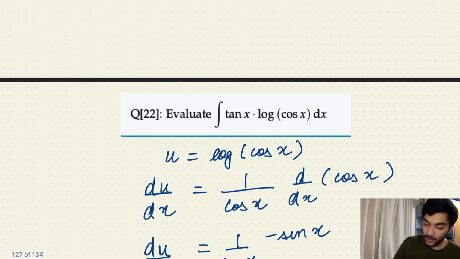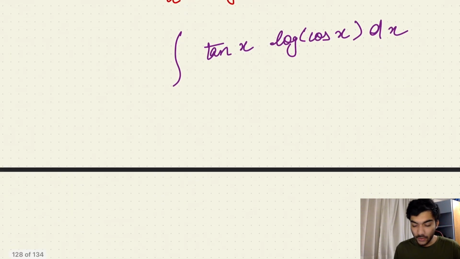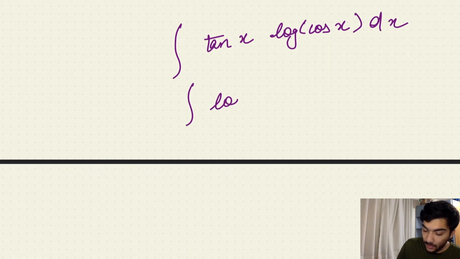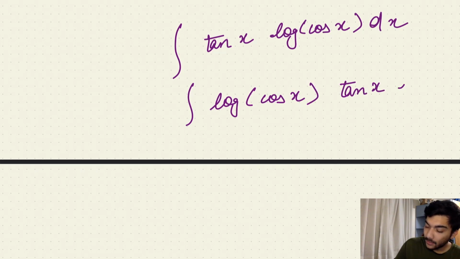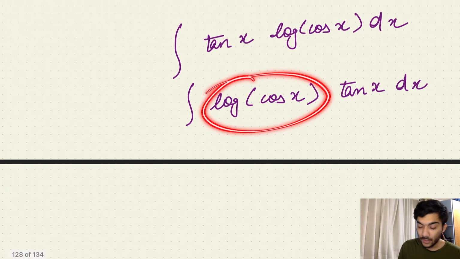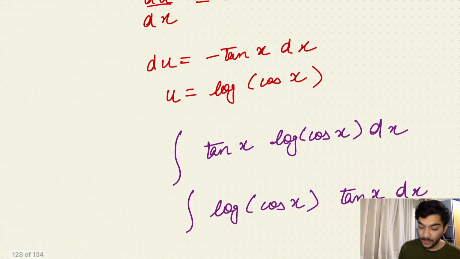Which you can also confirm in this question. And now let's rearrange this so that it's easier to visualize what we are doing in substitution. I can write this as log of cos of x times tan x dx. And now we can substitute log of cos x as u, and we can substitute tan x dx as minus du, because du is minus tan x dx. So if we want to substitute tan x dx, the minus would go over the other side, so it would be minus du, right?